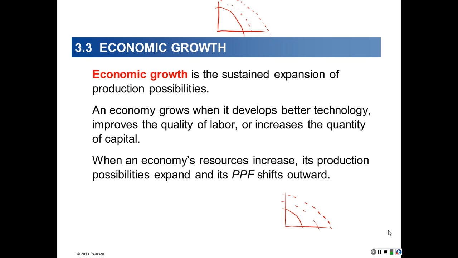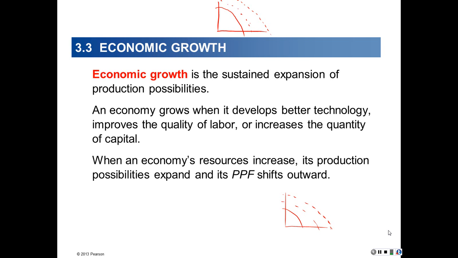Now, what would bring about this type of expansion? Remember, go on, somebody? What about resources? More resources, exactly. Because remember, the PPF is, in a sense, constrained by the availability of resources, right? So if the economy somehow develops, gathers, acquires more resources, well, this will lead to its PPF shifting outwards.